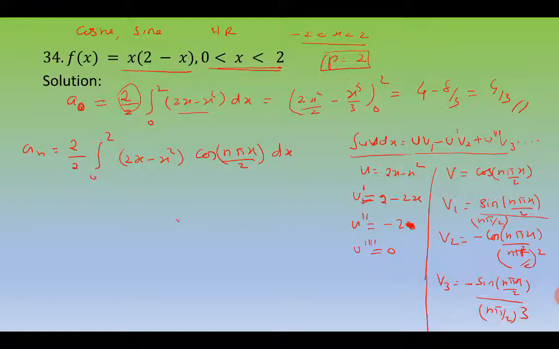You have to use this formula, isn't it? 2 by 2 is outside, and 2 by 2 becomes 1.